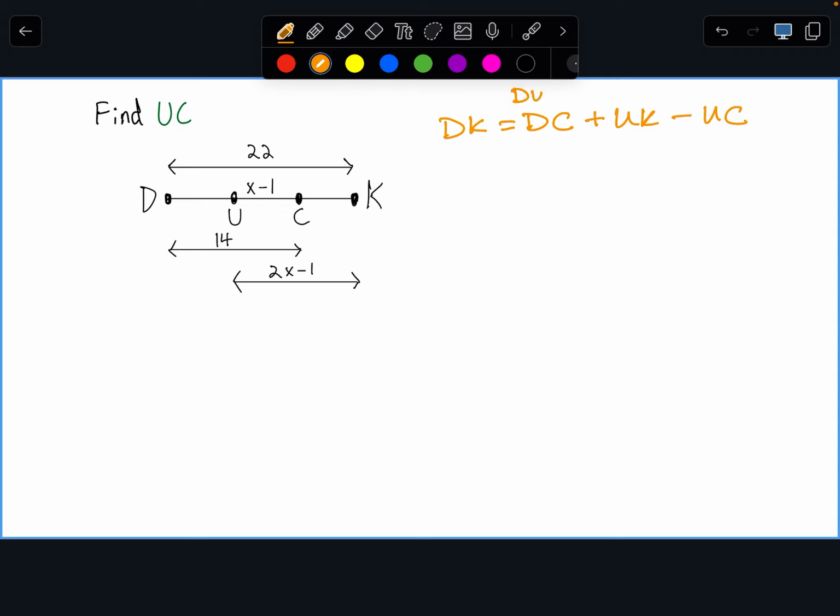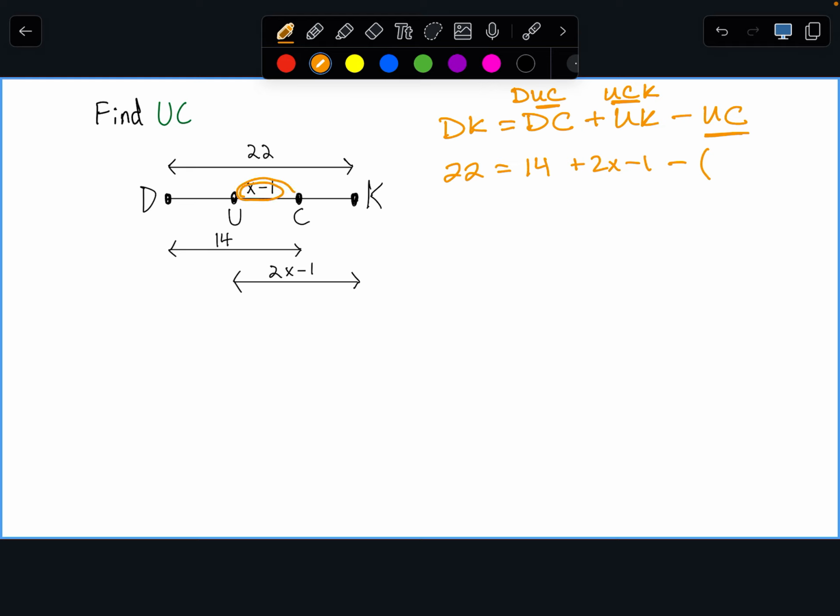If I did it as DUC and UCK, can you see where they overlap? Can you see that both of them have this? And so that's the part I need to delete. So when I substitute back in, DK is 22, DC is 14, UK is 2x minus 1. Here's the tricky part.